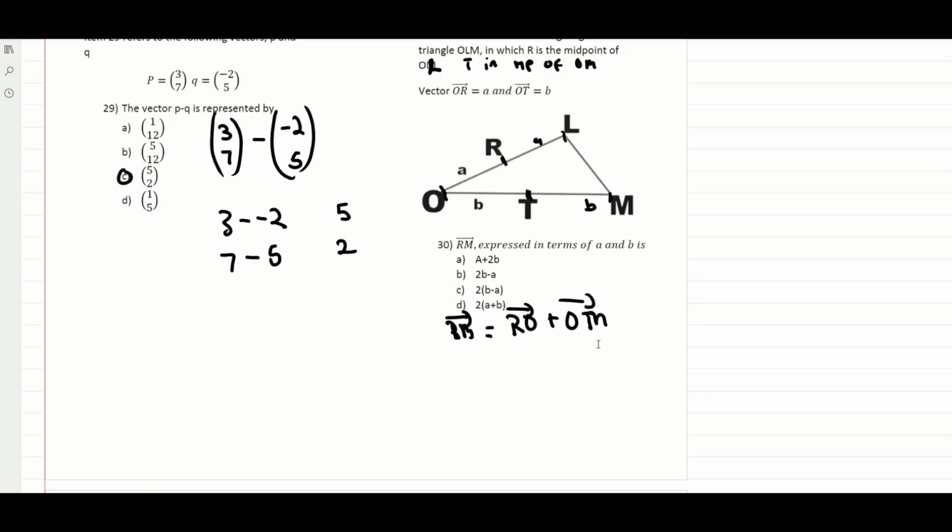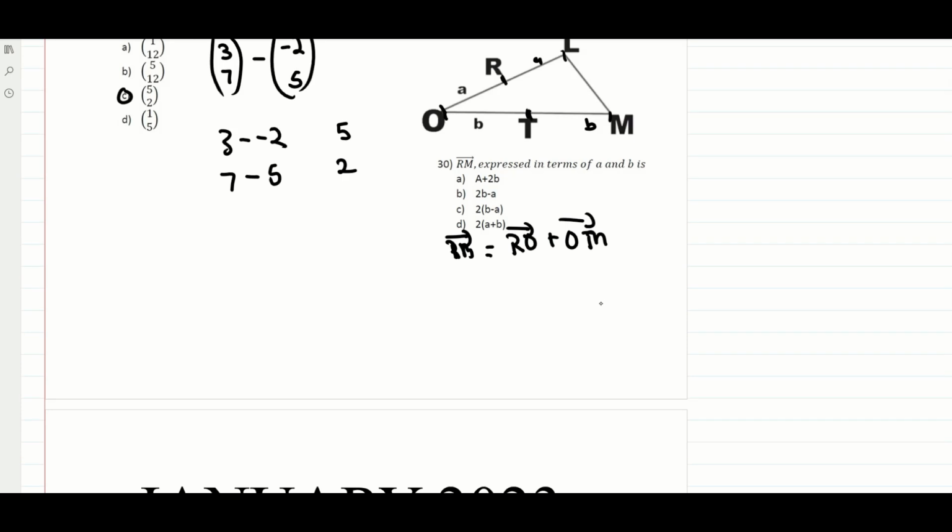Alright, now there's a few things that we need to figure out. What is OM? It would be OT plus TM, which is B plus B, which is equal to 2B. Right, and RO, so OR, they told you OR is equal to A, right?